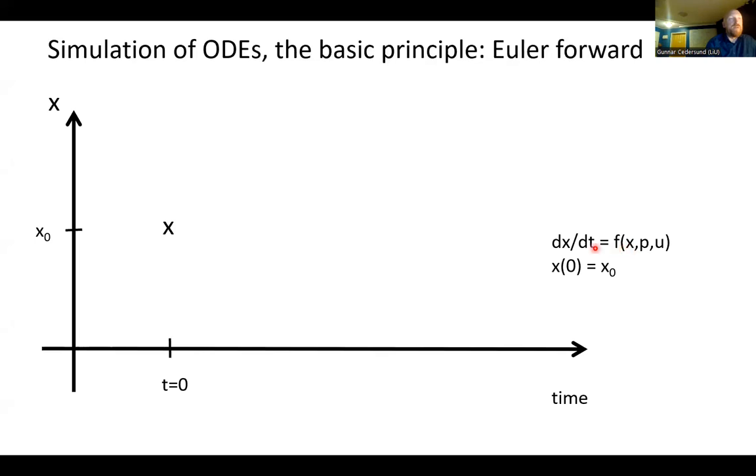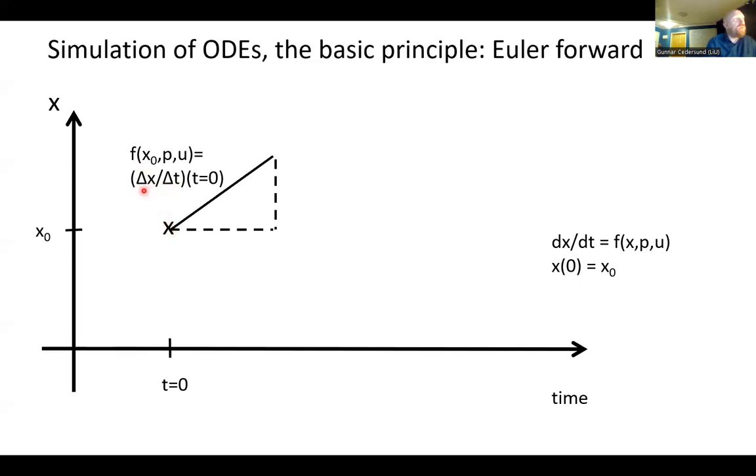If we insert x0 here, then we get the derivative at this particular time point. And the derivative is the limit of the ratio dx dt.